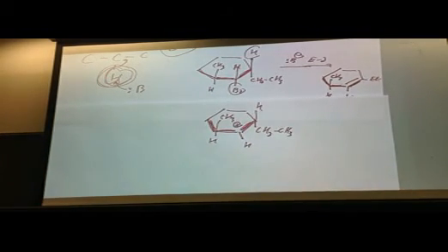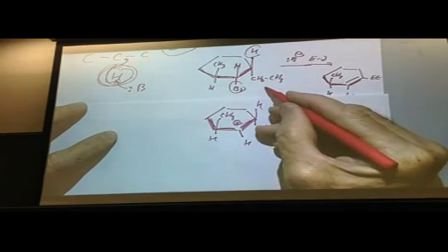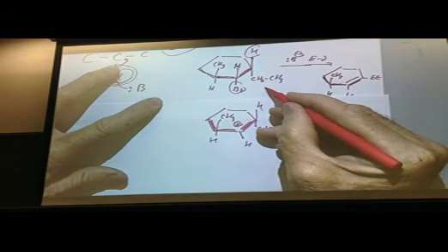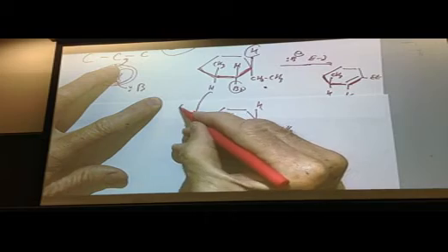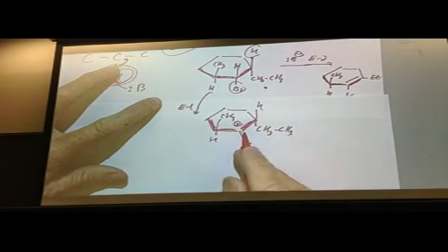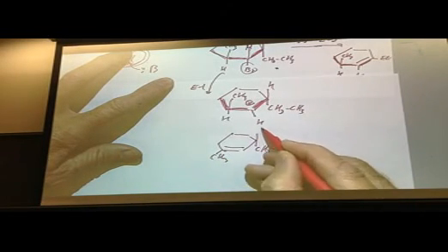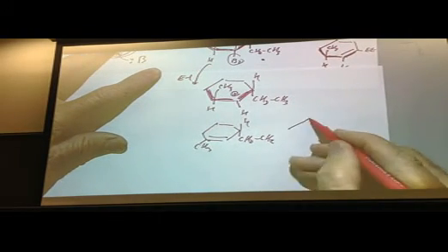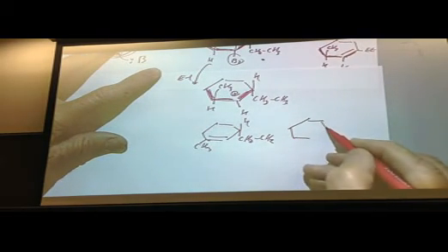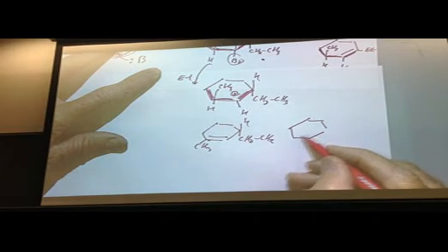If this goes by the E1 mechanism, you start with this, add a base, and I tell you the mechanism is E1. That's the slow step. And like a shot, you get a form, I'm being sloppy here, over here, the CH3, CH2, CH2, and you have the double bond here.